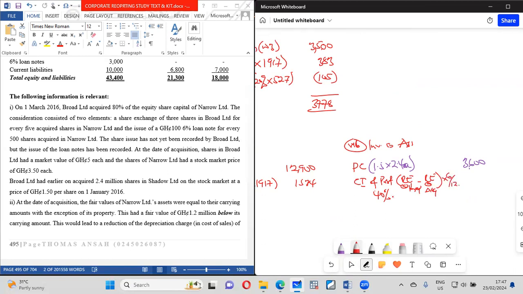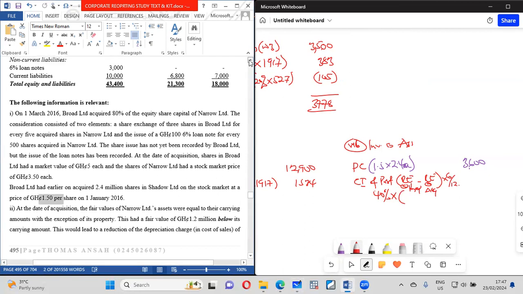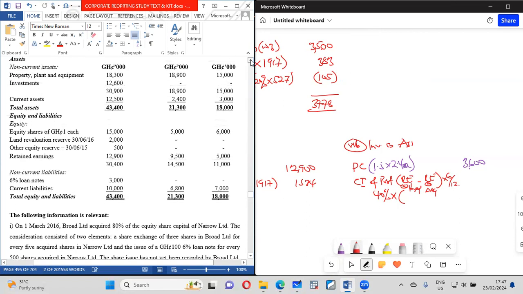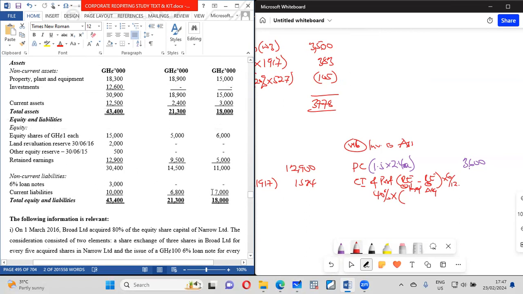So if I now take my 40%, what is the retained earnings for this month? What is the retained earnings? So the retained earnings, as I see here at reporting, is 7,000. All right. Oh no, it's not 7,000. It's rather 5,000. So I'll do 5,000, at reporting. Then what is the retained earnings at acquisition?